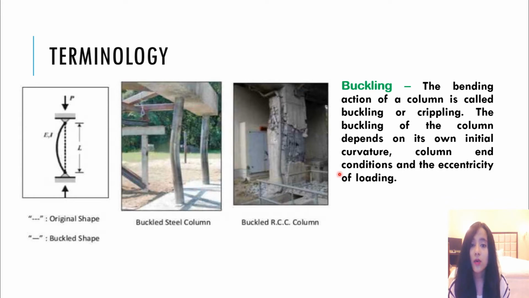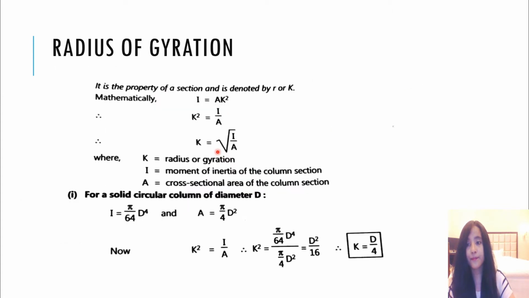And it also depends upon the eccentricity of loading, where the load is acting. Eccentric loads, I hope you remember, are those loads which act away from the neutral axis. So I hope this buckling is clear.